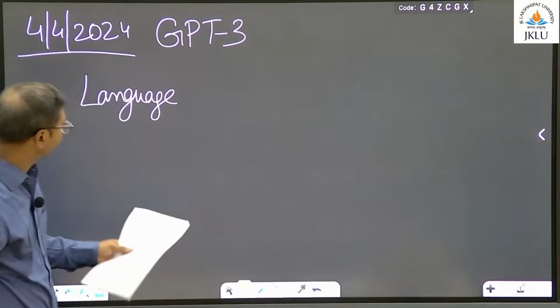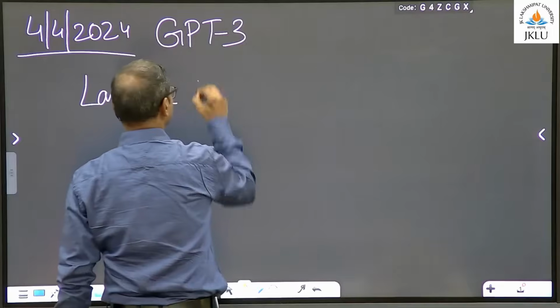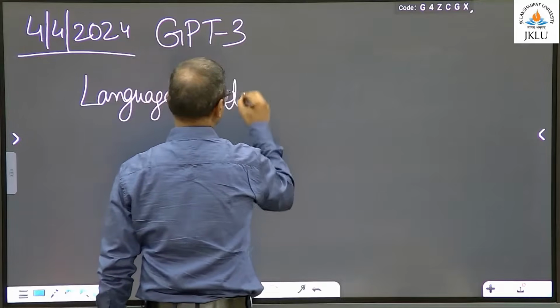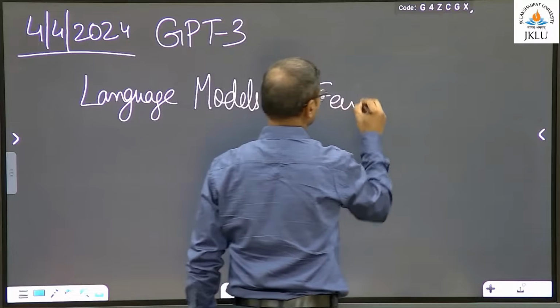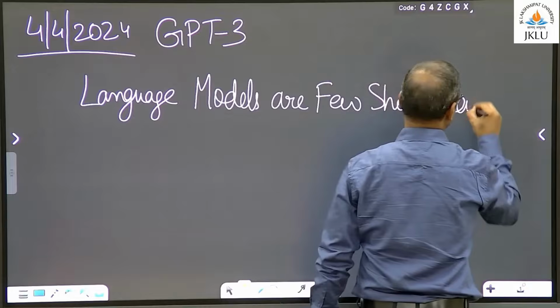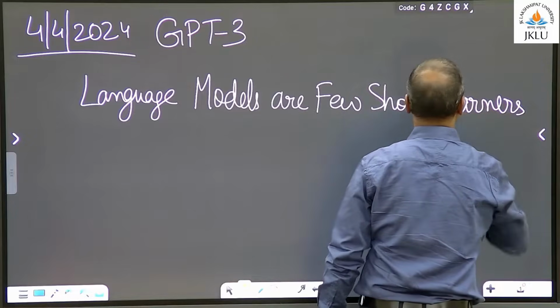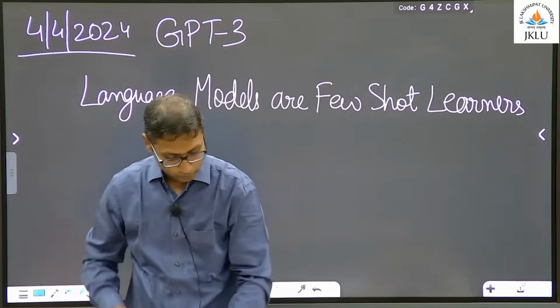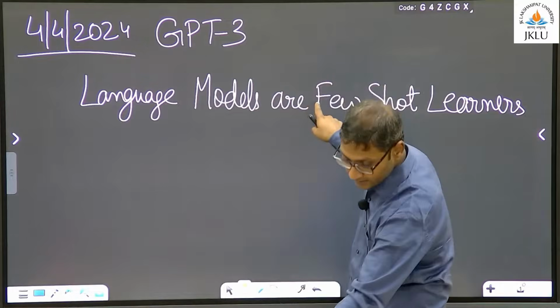Now, the title of GPT-3 is Language Models are... what was the title for GPT-2? Language Models are... so until here they stay the same.